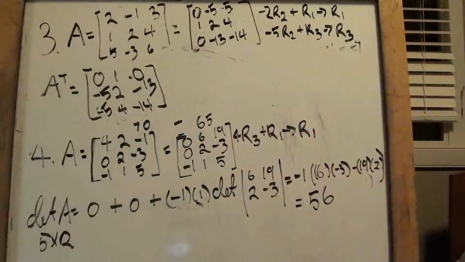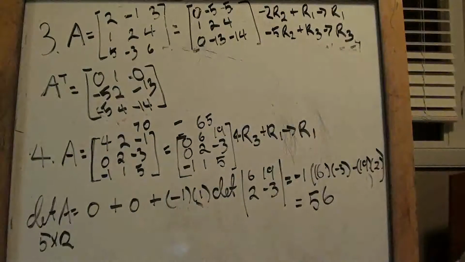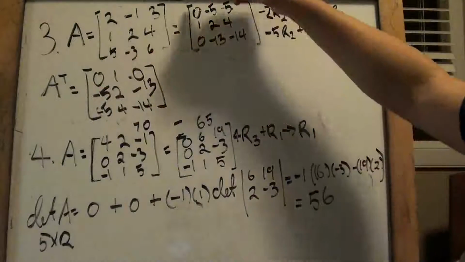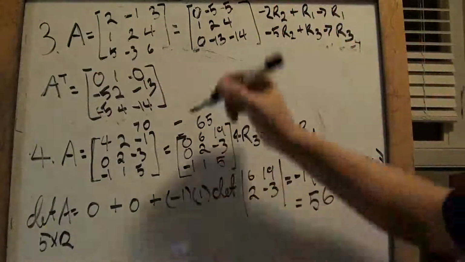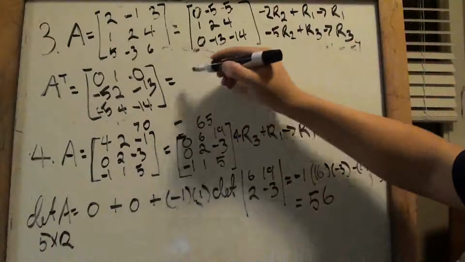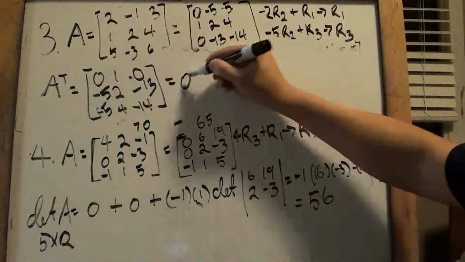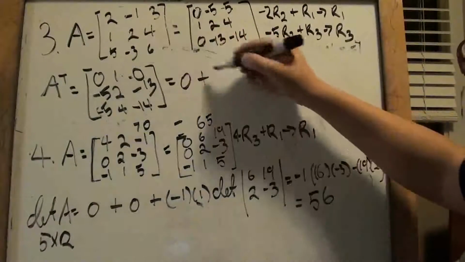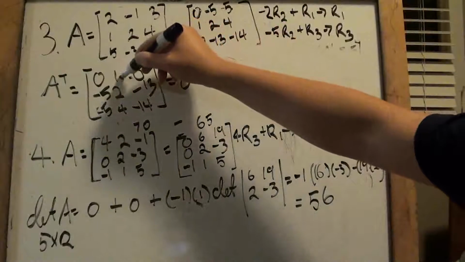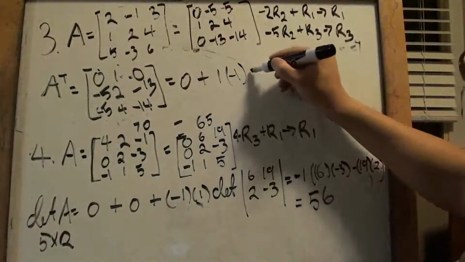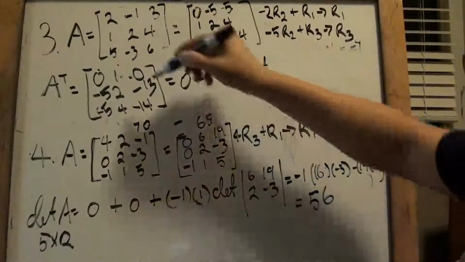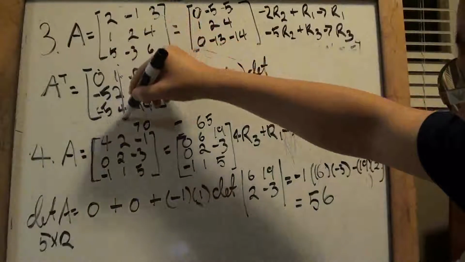But ultimately, you can see that it's going to be exactly the same thing, right? Because instead of using the first column, I'm just going to use the first row this time. That's all I have to do, and the rest will be pretty simple. So it's going to be 0 times anything is 0, so I don't care. 1 is going to be 1. The sign is negative, positive, negative, so that's going to be negative, and then det of, so get rid of this and get rid of that.